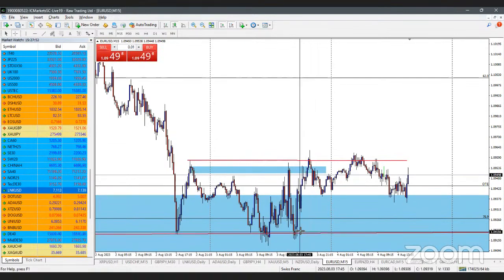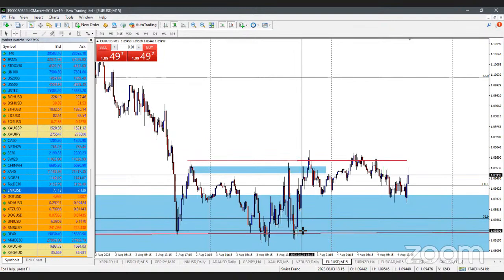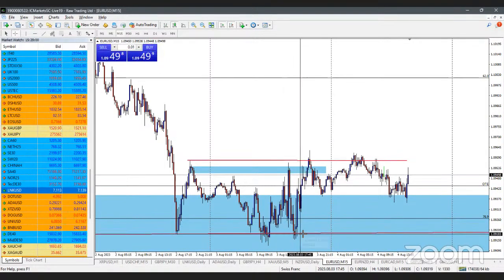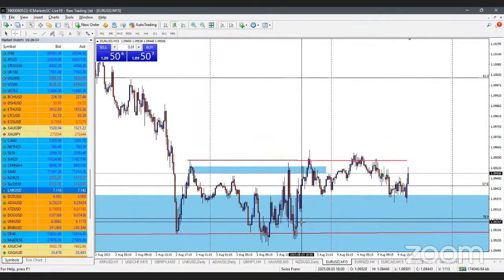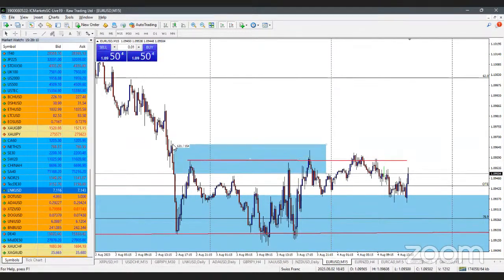Maybe the price may ignore this little gap here, but most charts that I've looked at have this little close to open gap. Now the wicks of the candles have been in there, but we don't have any body close here, so that's another thing.